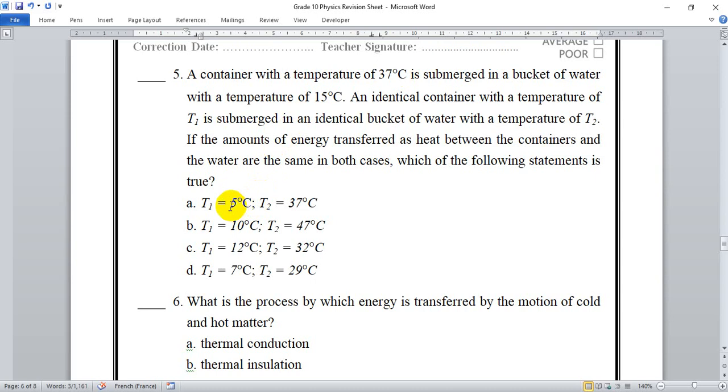Subtracting the temperatures in the other choices, the differences are 32, 20, and 22, so this is the correct choice. The difference here is 22 and the difference here equals 22, for the same amount of heat to be transferred.